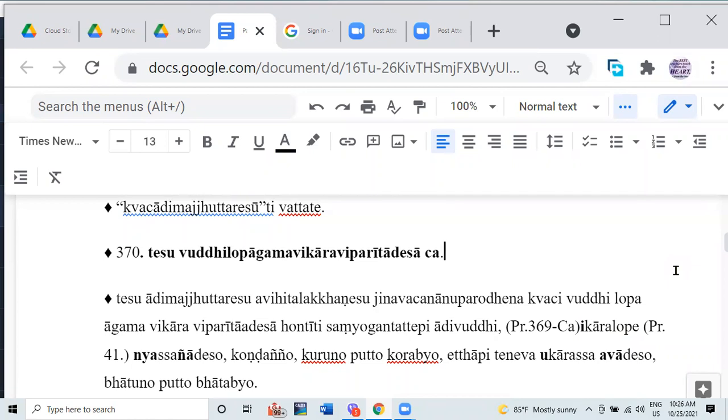Ikaralope. Samgana Devi Ariodi. Ikaralope. He is explaining Kundinyo. Kundinya, the stem is Kundani, not Kundani. Kundani.